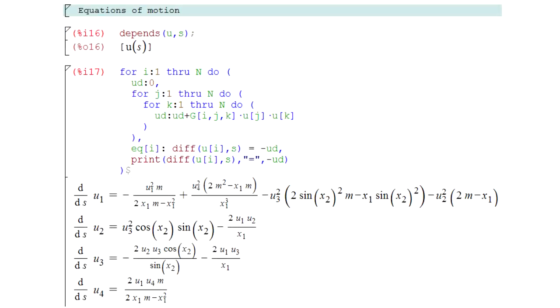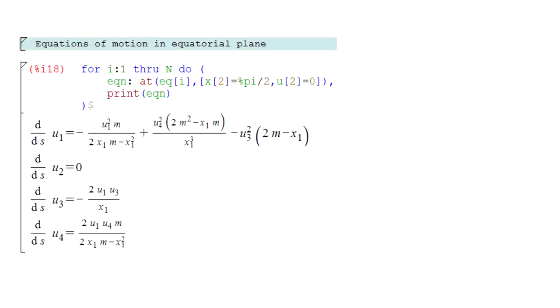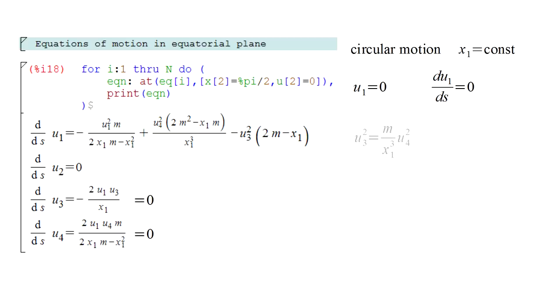Continuing on to the equations of motion, and limiting consideration to the equatorial plane, theta equals pi over 2, we get the results shown here. For the important special case of circular motion, x1, which is the radial coordinate r, is constant. So the radial velocity and acceleration are 0. With u1 0, the last two equations reduce to 0.